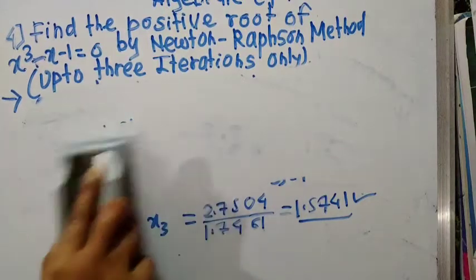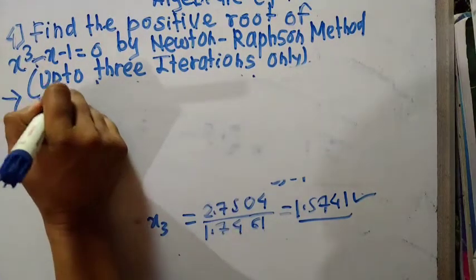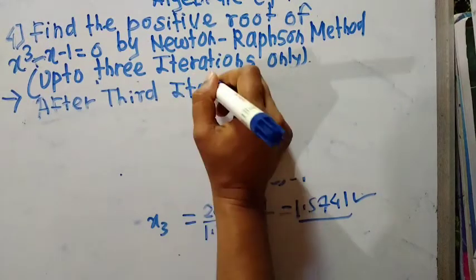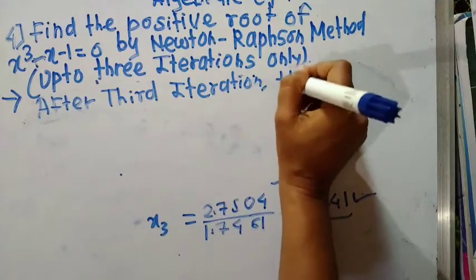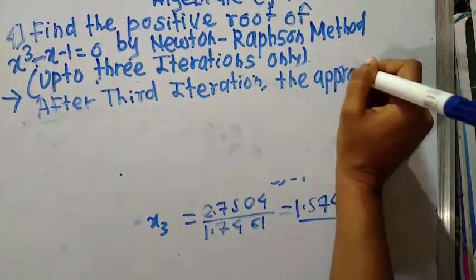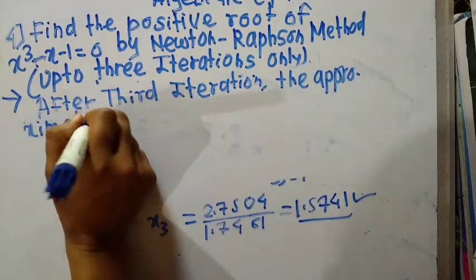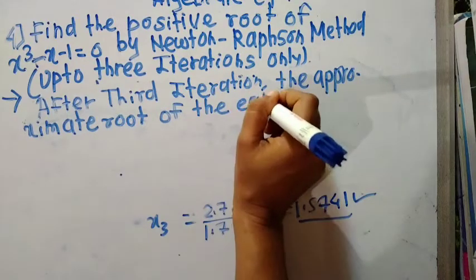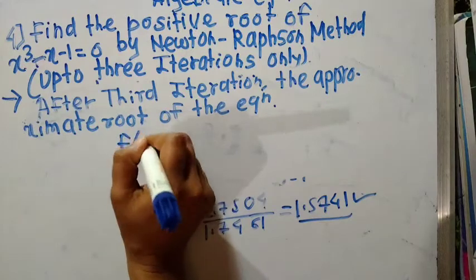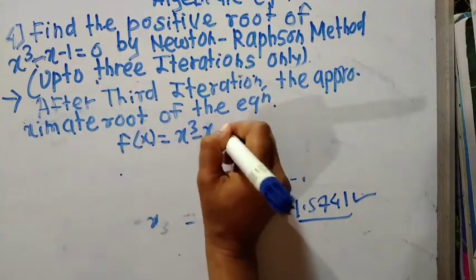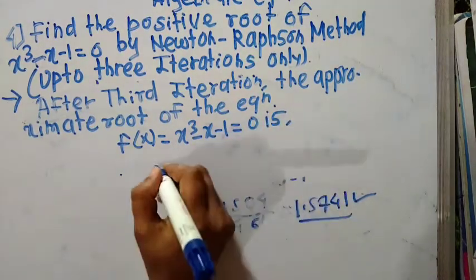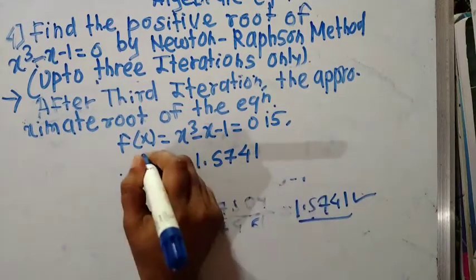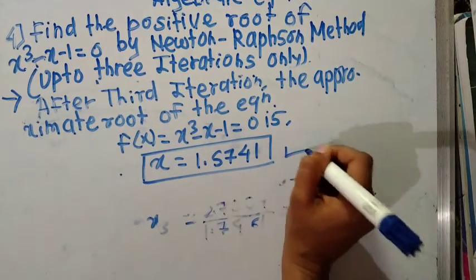Hence, after the third iteration, the approximate root of the equation f of x is equal to x cube minus x minus 1 is equal to 0 is x is equal to 1.5741, and this is the approximate root.